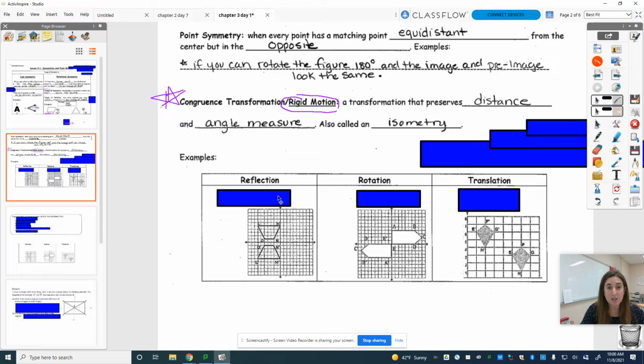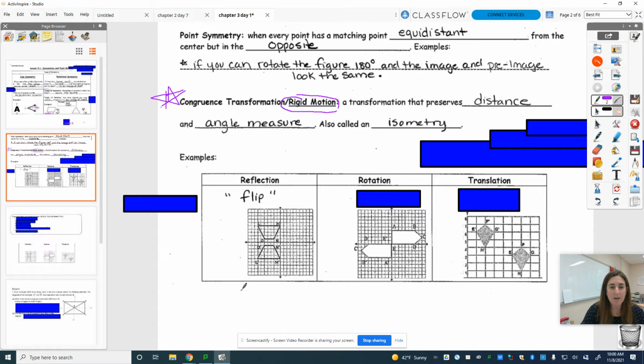So for example, if you look down here, this is a reflection, or a flip. It's flipped over this x-axis here. This reflection is an example of a rigid motion. The distance didn't change. See the side LM? And remember, when you're doing a transformation, you use the little primes.